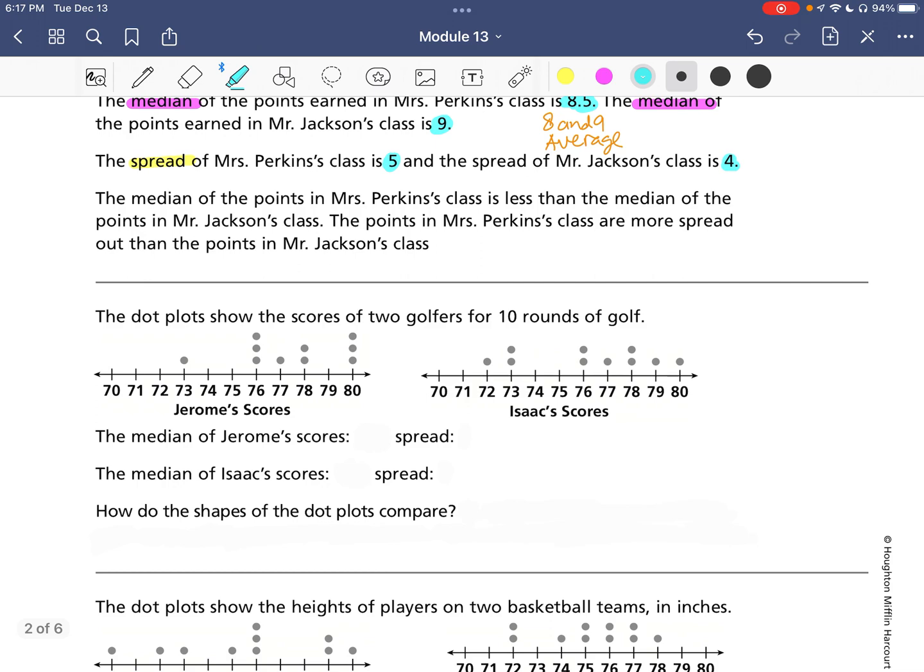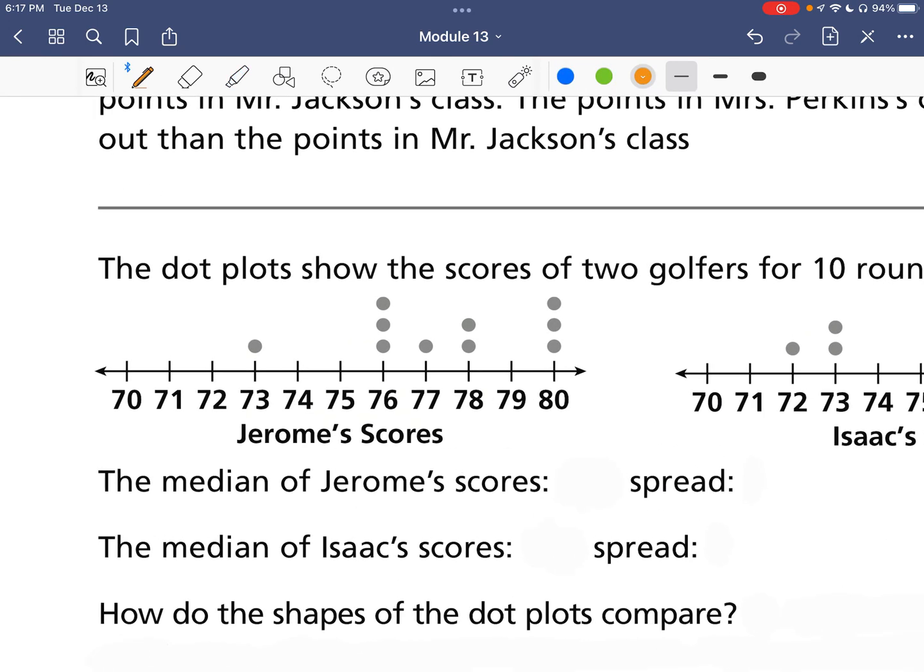Okay, here we have a dot plot that shows the scores of 2 golfers for 10 rounds of golf. So we're going to figure out the median score and the spread of both of these. So for Jerome, let's focus on his scores here. We're going to go 1, 1, 1, 1, 1, 1, 1, and it looks like we're going to be stuck with 77 and 78.